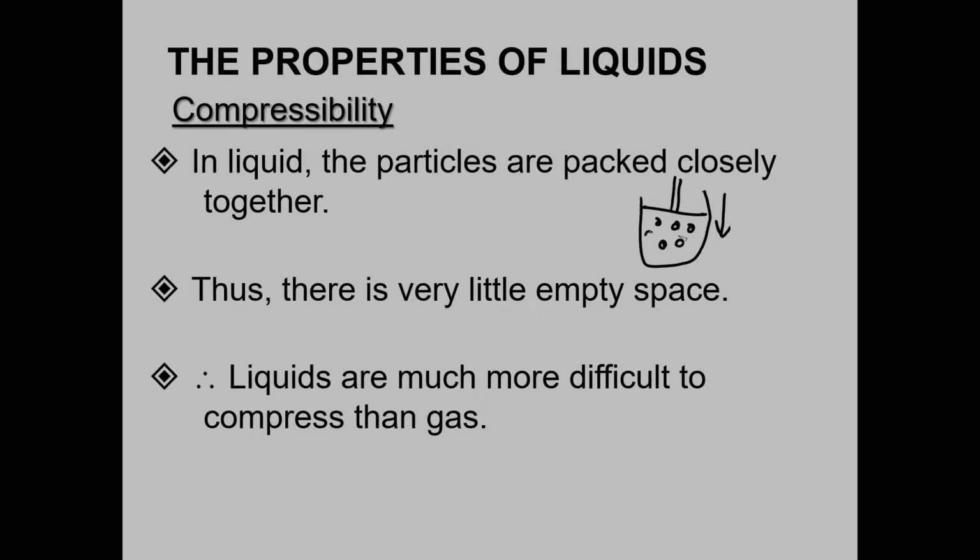Tapi now if we have liquid, okay, you boleh nampak why it should be a bit harder untuk compress, right? We have more molecules in a closed space, okay, and these molecules also kalau boleh kita nak mampat pun actually don't actually have much place untuk pergi pun, so they will bump each other. That's why it's harder comparing dengan gas where there's a lot of empty space, kan?